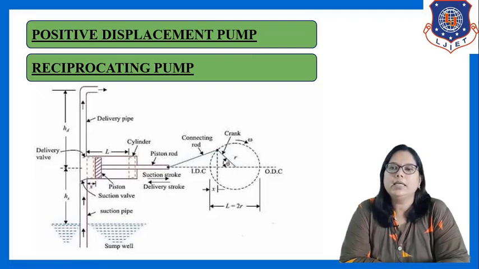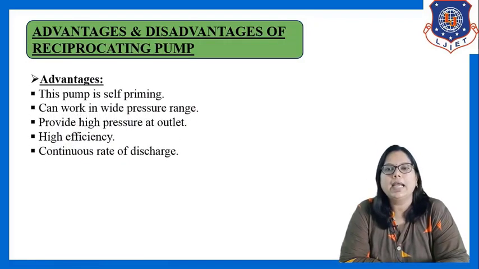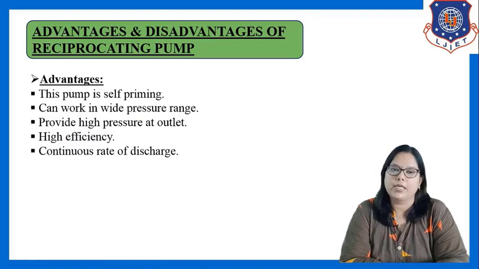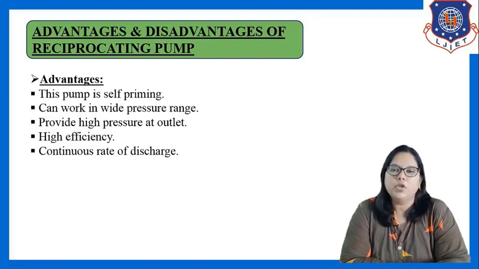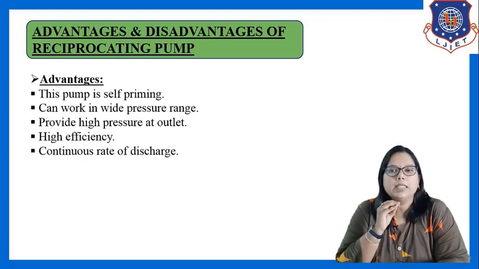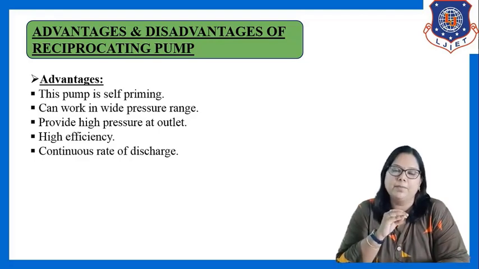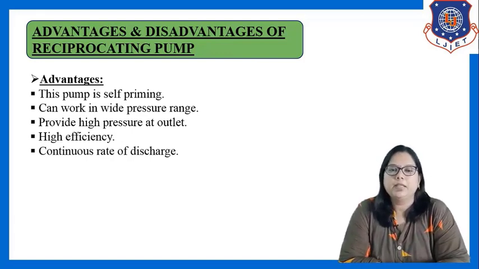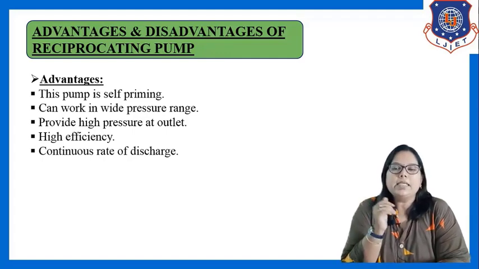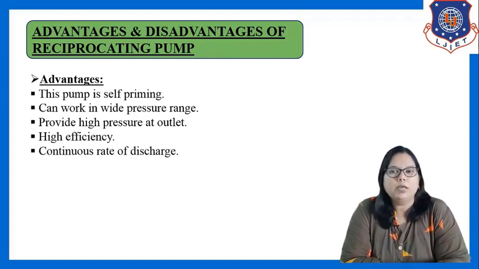Now let us see the advantages and disadvantages of reciprocating pump. Advantages of reciprocating pump include: this pump is self-priming. We all know what is priming. That is the advantage of this pump. Reciprocating pump can work in wide pressure range.